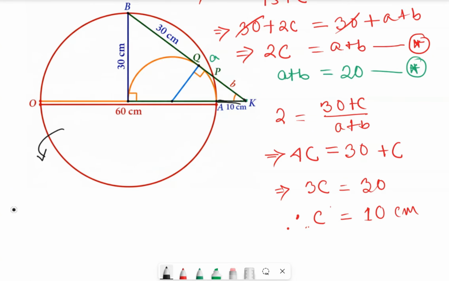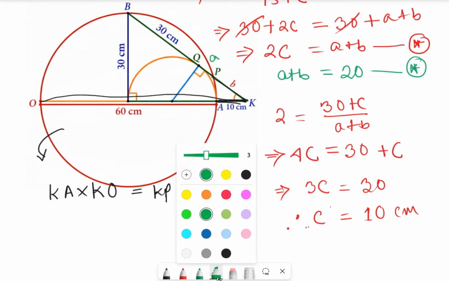From the figure we can write KA times KO, so this is K, and up to this much KO is equal to KP, so up to this much is KP, right? Better to use the yellow pen.